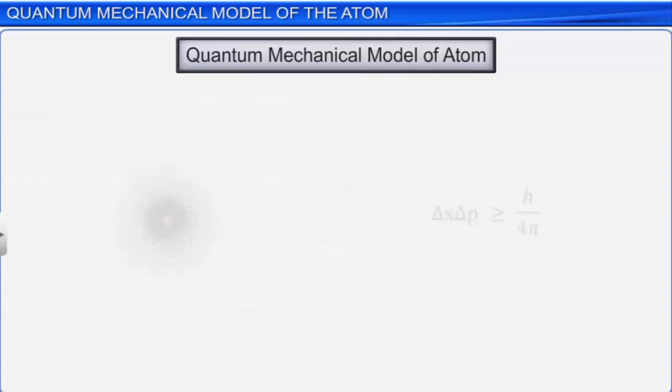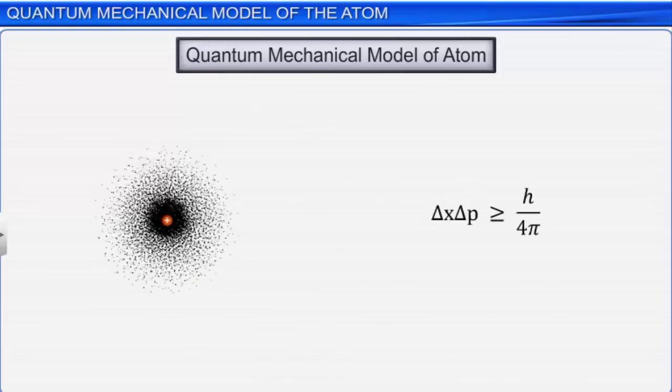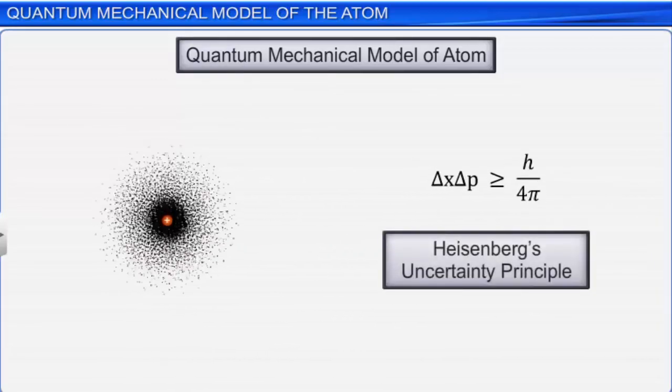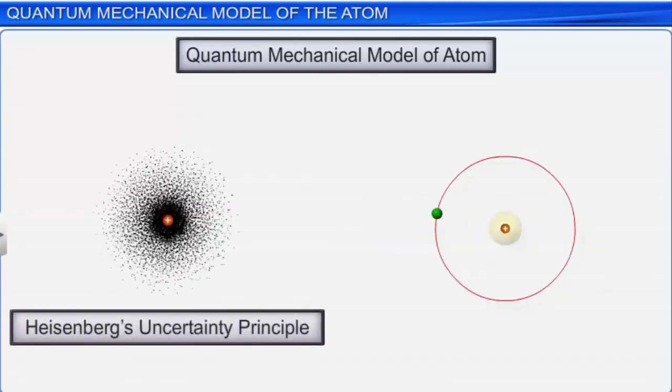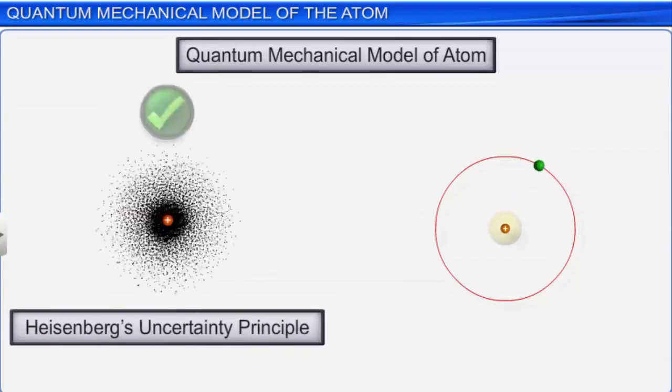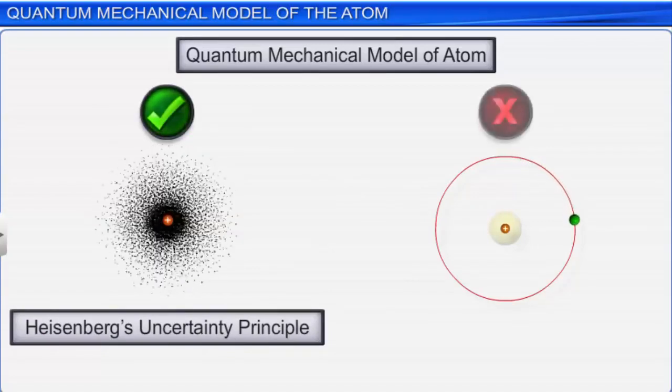The quantum mechanical model of atom supports the Heisenberg's uncertainty principle and says that one can only determine the probability of finding an electron at different points in the atom, but not its exact path.